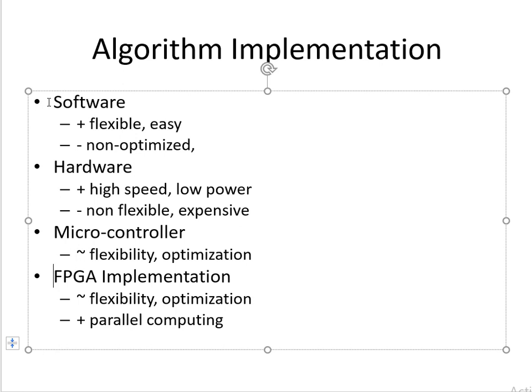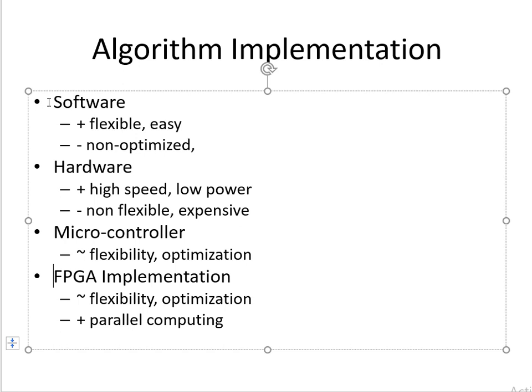And the last method that we want to introduce is FPGA implementation. It means that you write the code, the description of this system, in a language, and you program the FPGA.